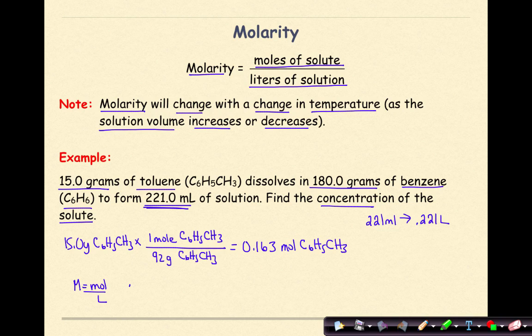Our moles is 0.163 moles of toluene. Our volume in liters is going to be 0.221 liters. And if we divide 0.163 by 0.221, we find that our final molarity here is 0.738 molar. And that is an example of how to do a molarity problem.